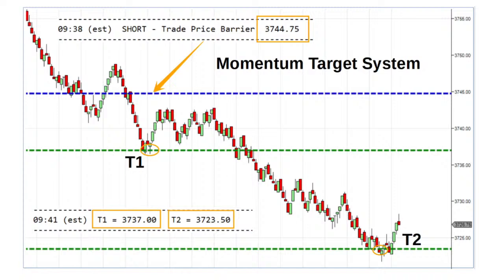This next one is a short example, and again from this week, or this might have been the previous week, but you can see we had our trade price barrier, the blue line, and you can see there was some volatility around that line.